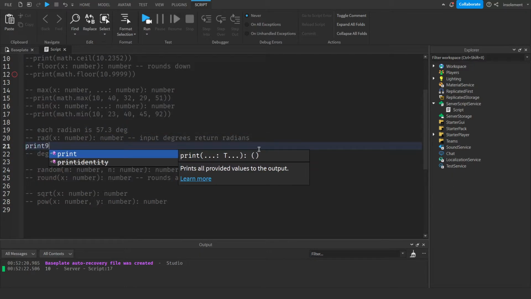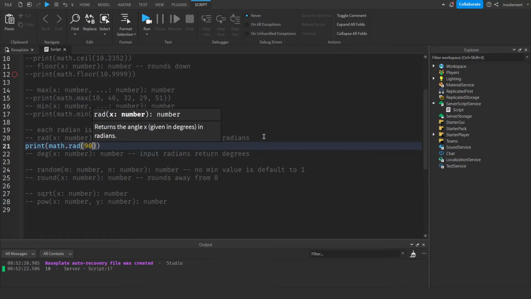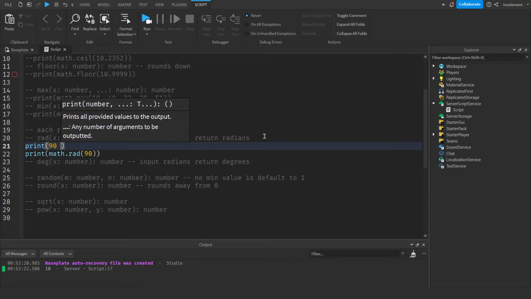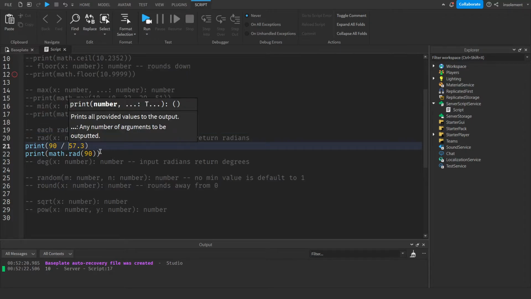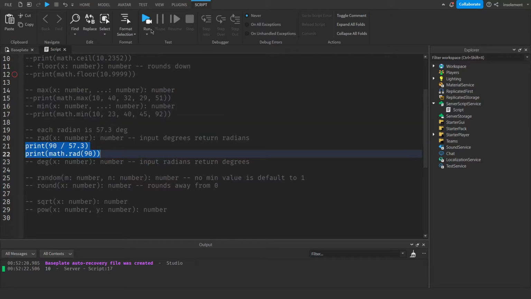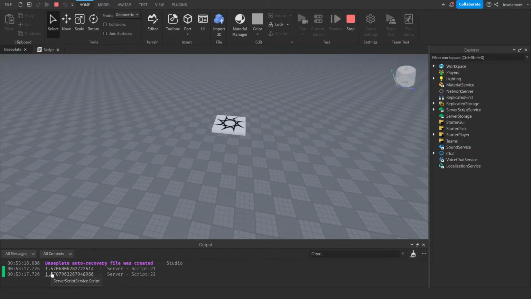So if we were to print math.rad, and we did 90 degrees, actually, let's do 90 divided by 57.3, because each radian is 57.3 degrees, right? So if we were to run, both the numbers would be the same. And yeah, well, they're sort of off, but it doesn't really matter.